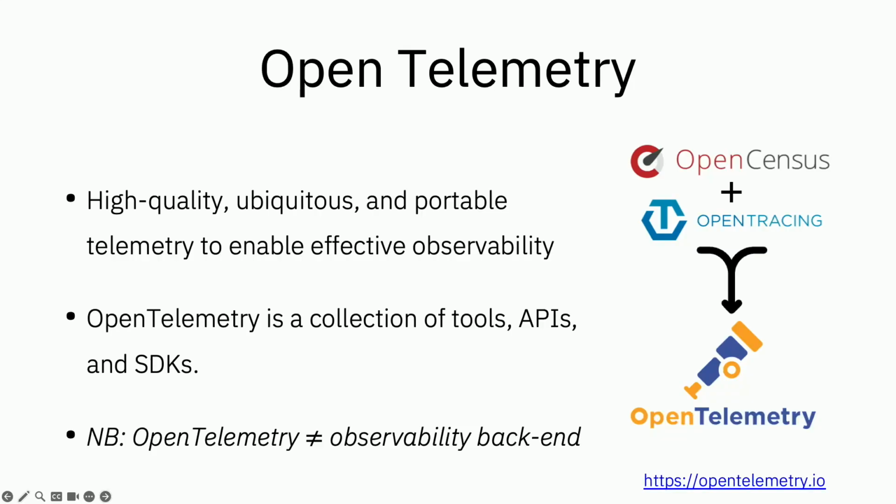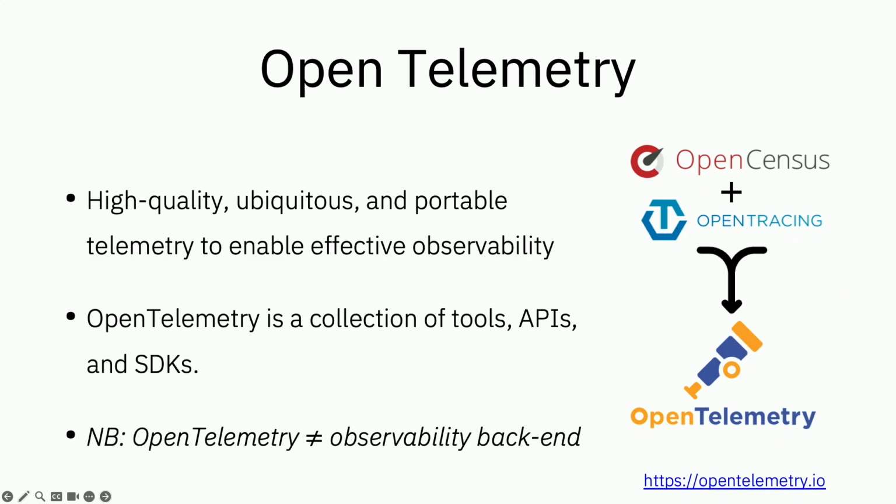There was no standard, no ubiquitous way to enable observability in your application and effectively and easily change that back-end. And that's where Open Telemetry really came in, to provide that single standard. So it's there as a high-quality, ubiquitous, and portable telemetry to enable effective observability.